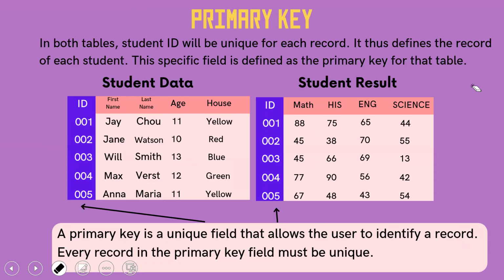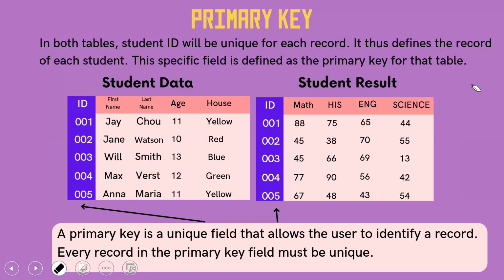Now, here is the concept of primary key. What is a primary key? Please note it down, because the examiner is very interested in asking this question again and again. Number one, what the primary key is.